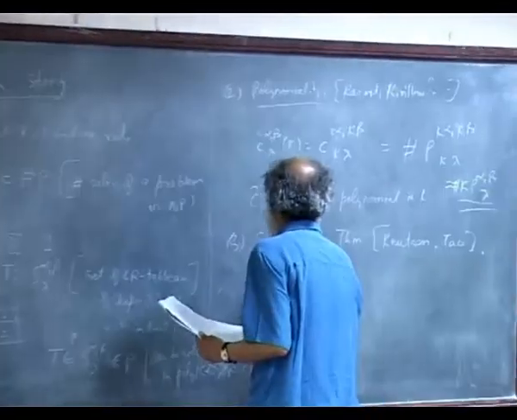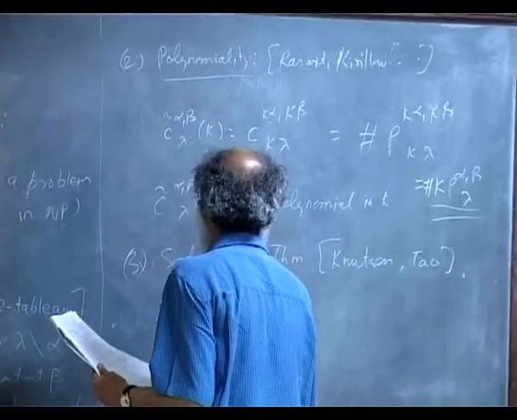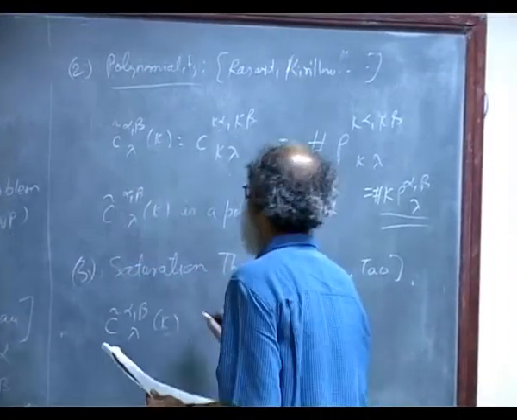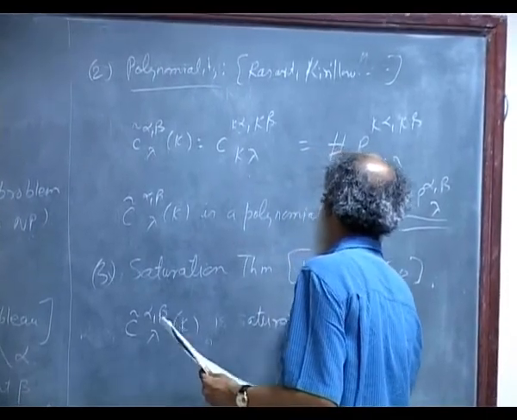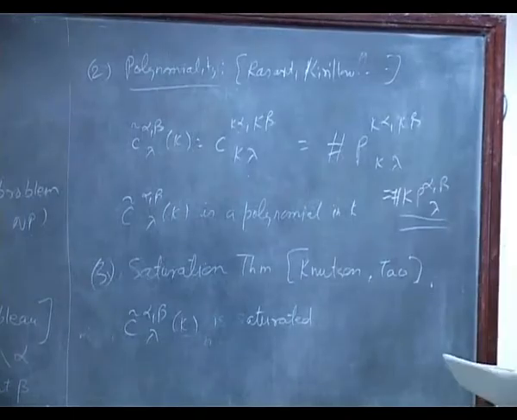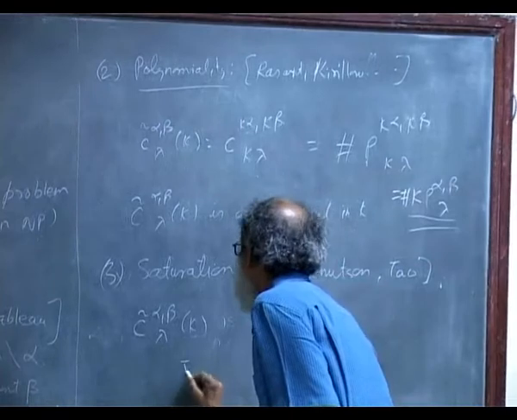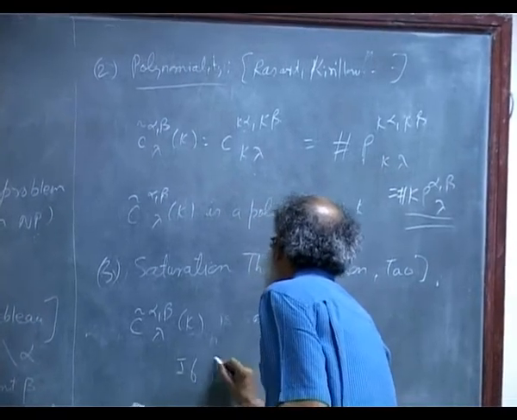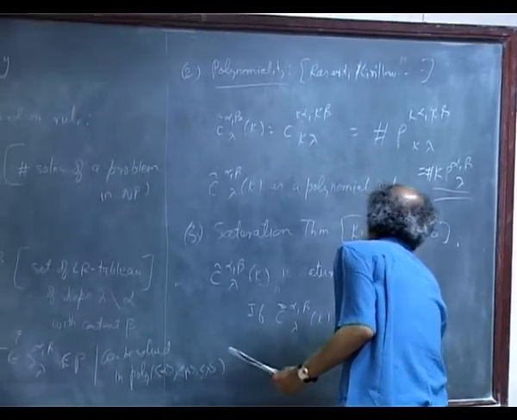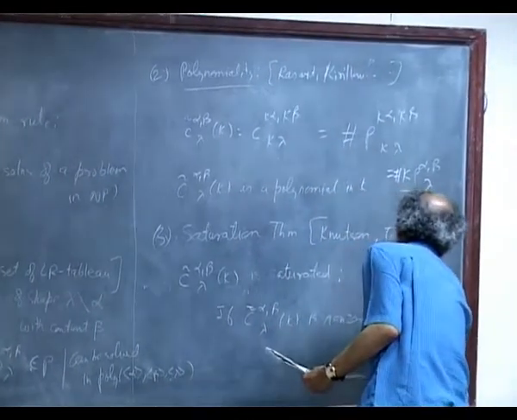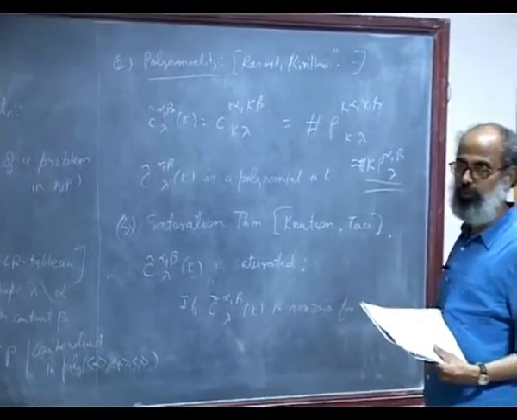Now, the saturation theorem says that this function C alpha beta lambda of k is saturated. What this means is that if C alpha beta lambda of k is non-zero for some integer k greater than or equal to 1, then it is non-zero for k equal to 1 itself.